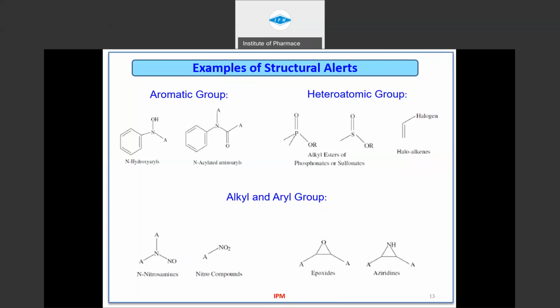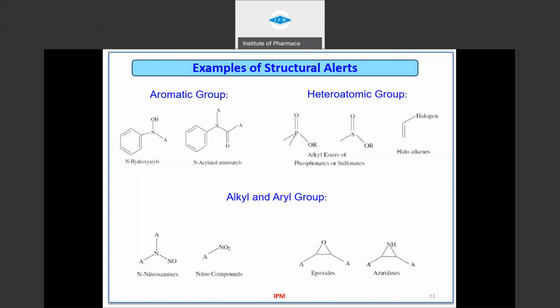They can transfer, like alkyl esters, they can transfer the alkyl group on to the nitrogen. So the structure of the base changes.